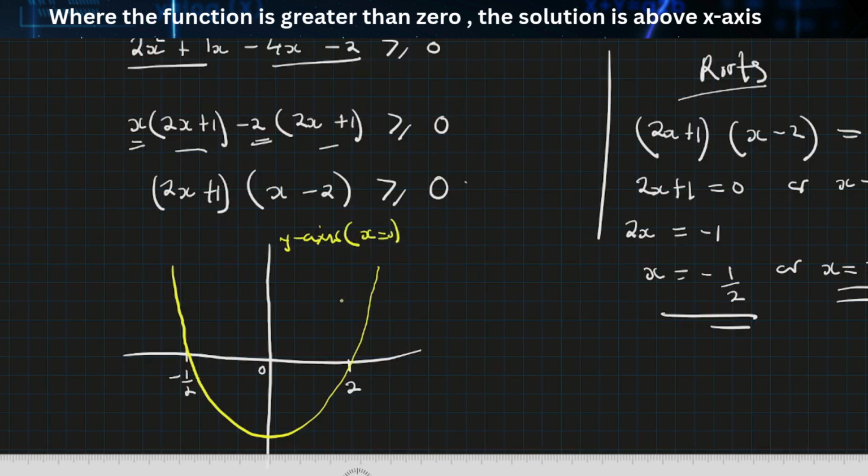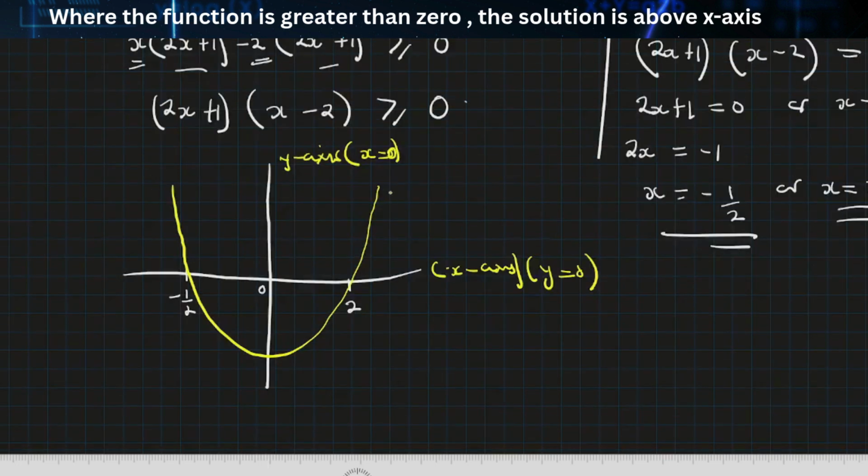That's the equation for the y-axis because it cuts the x-axis at 0. And we should also know that our x-axis is also called y equals 0 because it cuts the y-axis at 0 as well. So here's the thing. This is our f of x, which means our function, which is this part.